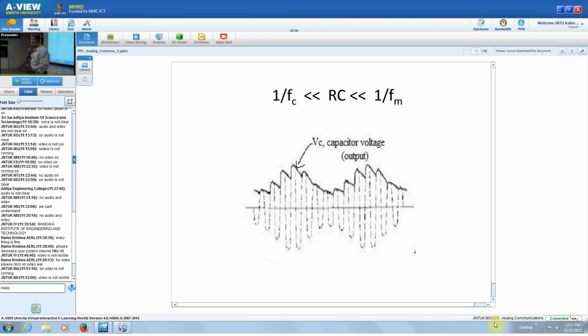So we are giving this input to our envelope detector. What will be the output that we are going to have? So for the time being, let us say that we don't have any resistance. So this is your VAM of t, and we have the capacitor.